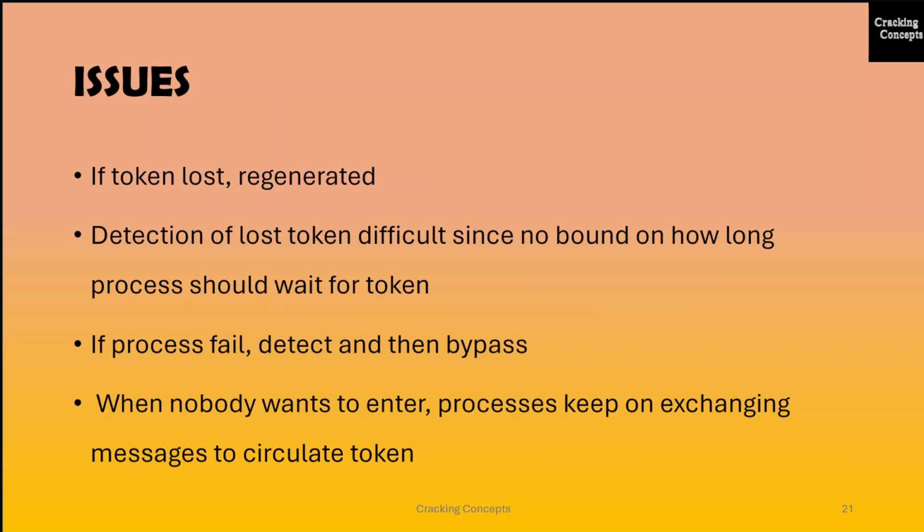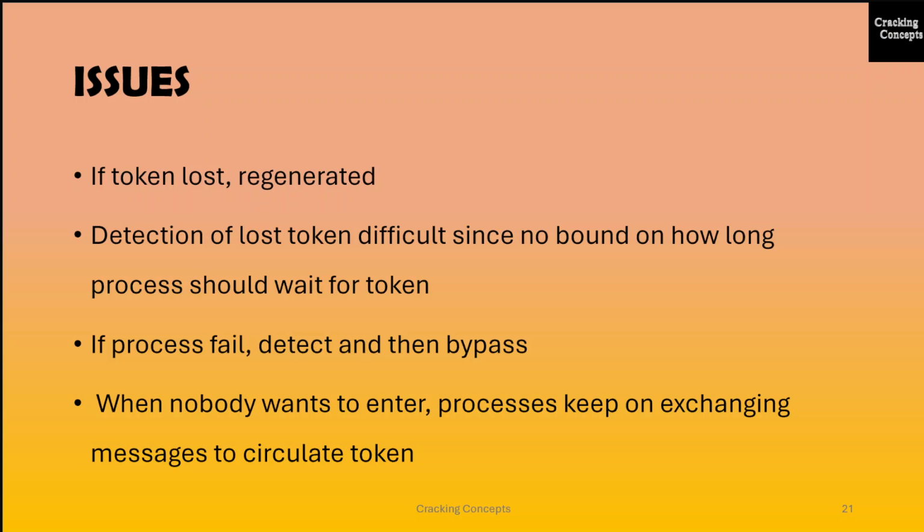Now let us look into the issues that we face in this algorithm. If the token is lost, it needs to be regenerated. The detection of the lost token is difficult since there is no bound on how long a process should wait for the token. If a process can fail, it needs to be detected and bypassed.